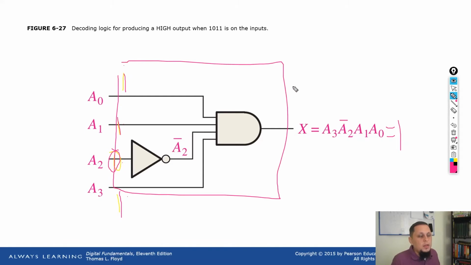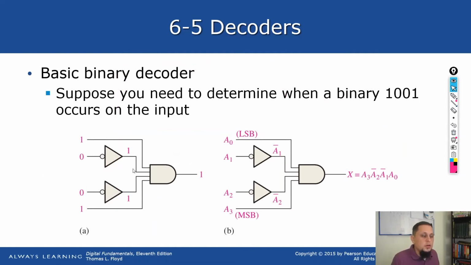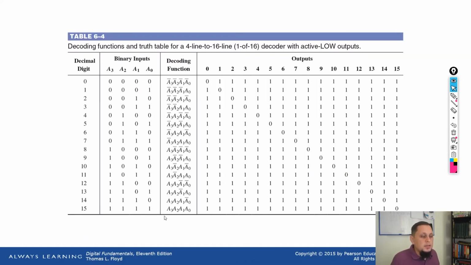For the 4-bit, you have 16 outputs, so you have to create 16 circuits similar to this one. Of course, different circuits will have different loops. For example, this is the circuit to indicate when the input is equal to 1001. So if you want to create this decoder manually using logic gates, you have to create 16 circuits, one for each of these Boolean expressions.